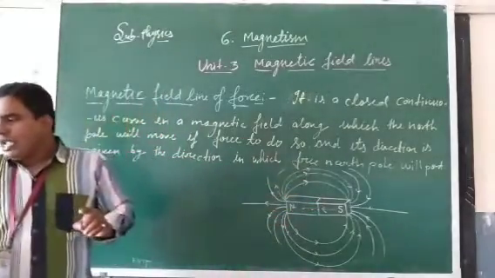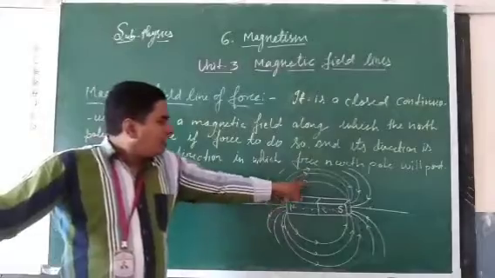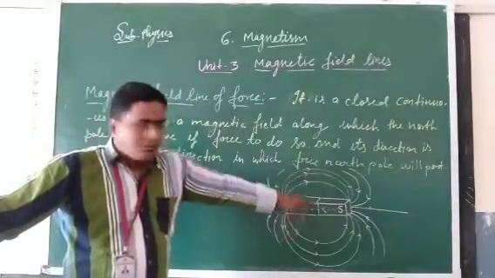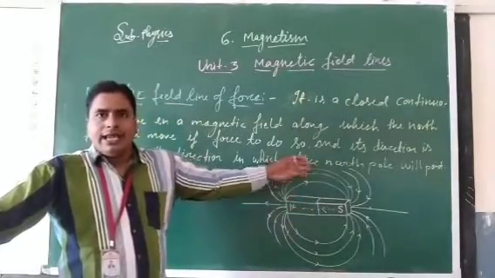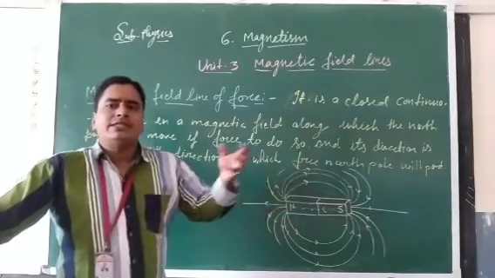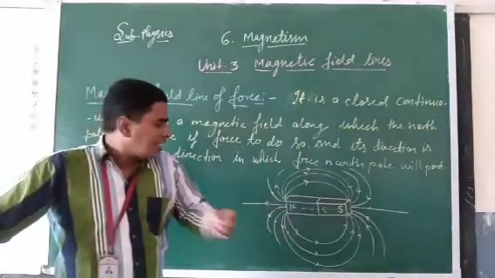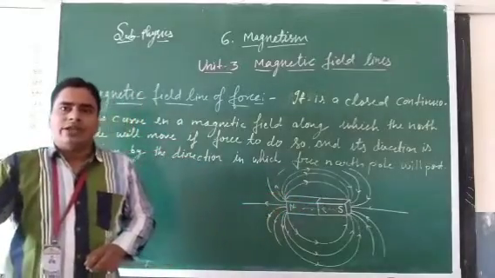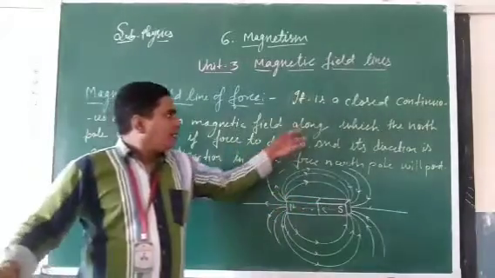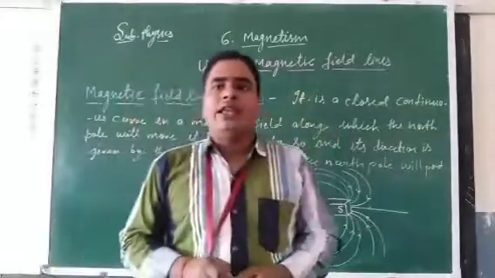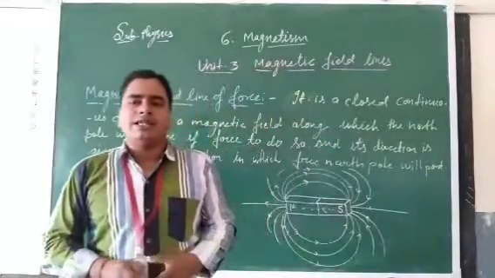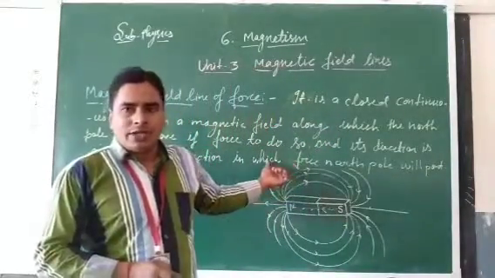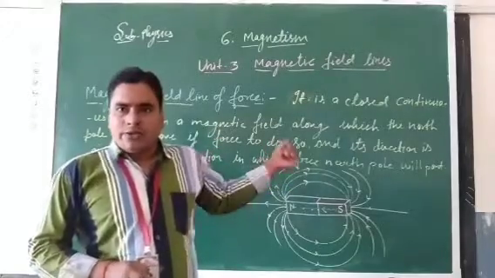Okay, and they tend to repel each other outside the magnet. And the strength of the magnetic field lines is maximum at the ends, the poles of the magnet. Okay, so this is the overall view of the magnetic field lines and their properties. Try to understand these topics. Watch this video very carefully.